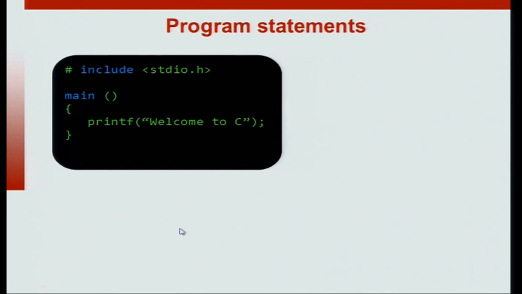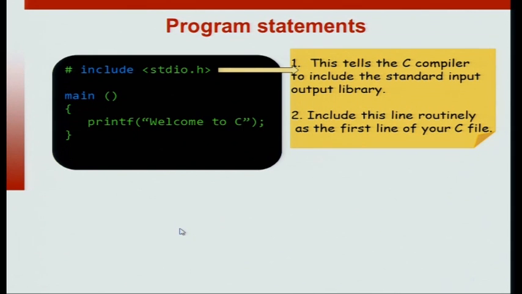Let us look at the program a little more carefully. What are its components? It had 3 lines. The first line said hash include stdio.h. So it has multiple components. One is the first symbol, which is a hash. Please do not forget to include that.